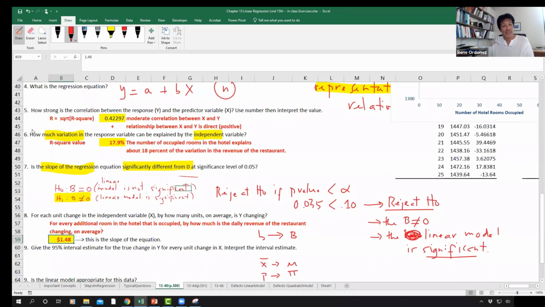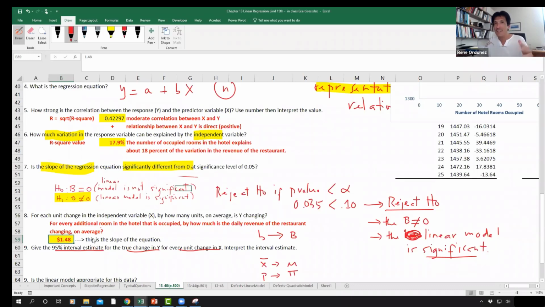So question number 9 here says, give the 95% interval estimate of the true change in y for every unit change in x. Meaning, to this 1.48, we add or subtract a margin of error to get the interval estimate.